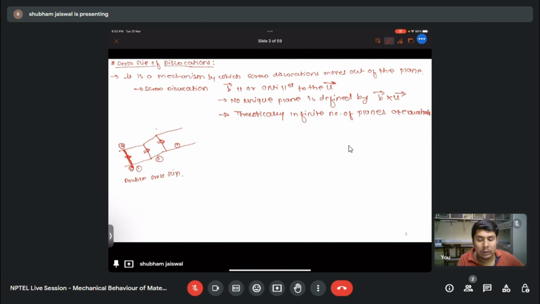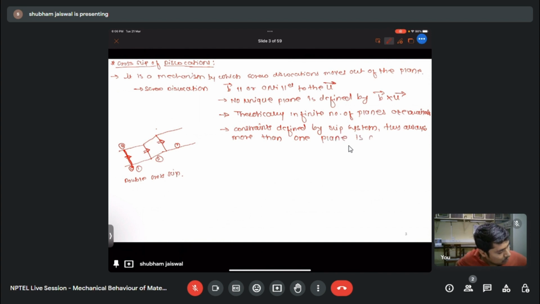There are some constraints defined by the slip system, and always more than one plane is available for a screw dislocation.